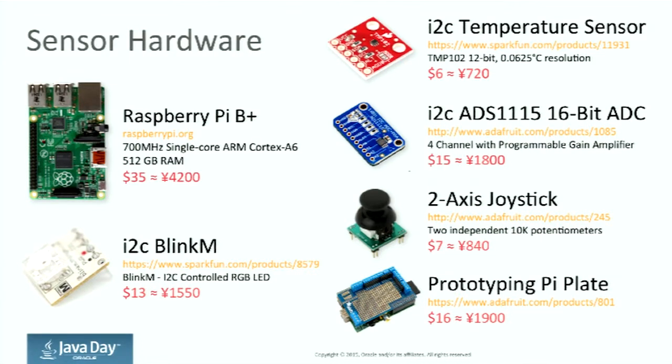I have a temperature sensor that's measuring our ambient temperature and sending me that data over I2C. I have an analog to digital converter and a joystick. The joystick gives us analog movement signals as I move my fingers, and the analog to digital converter converts that into a digital signal we can read. All of those pieces are assembled on a prototype board.